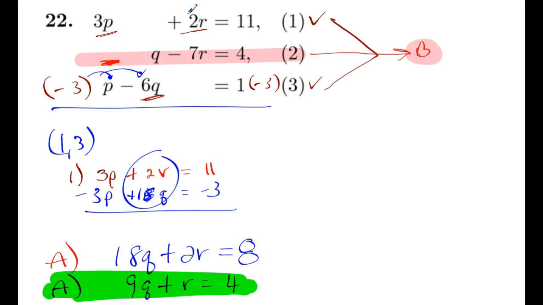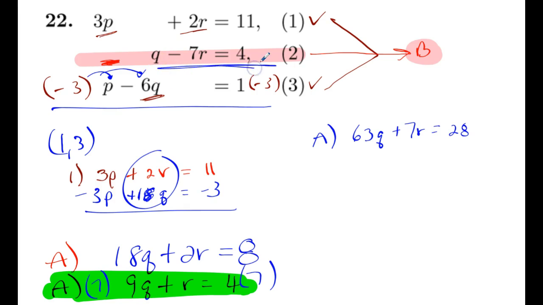Let's eliminate the R's. R is a 7. So I can eliminate the R by multiplying this equation through by 7. So my new equation A becomes 63Q plus 7R equals 28.